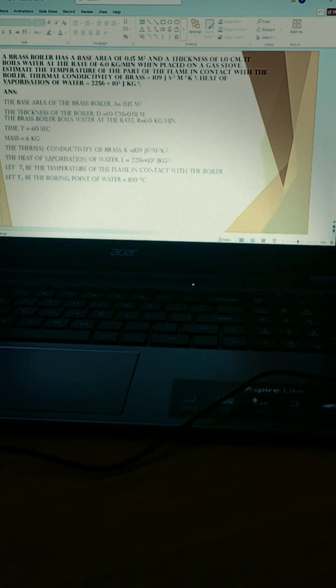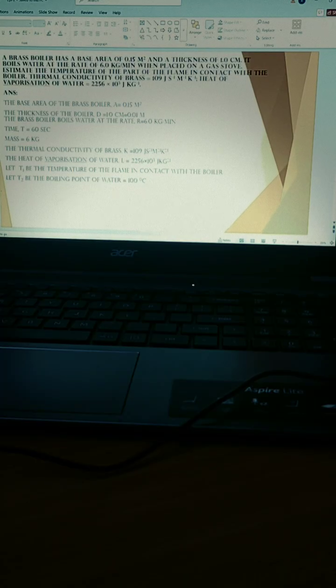So time t = 60 seconds, and mass m = 6 kg. The thermal conductivity of brass K = 109 J s^-1 m^-1 K^-1. The heat of vaporization of water L = 2256 × 10^3 J/kg.